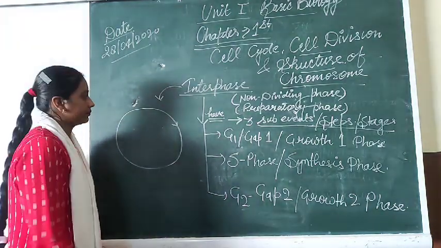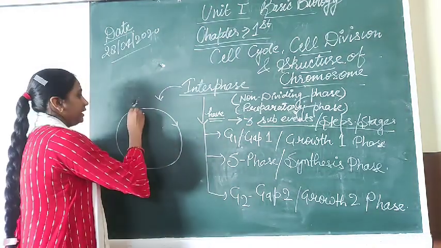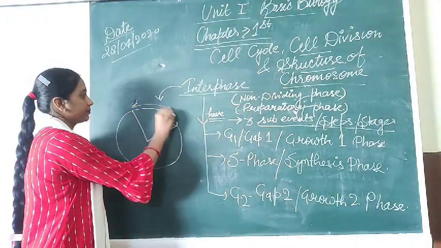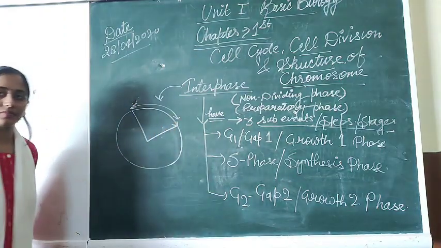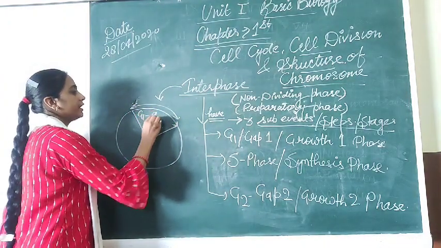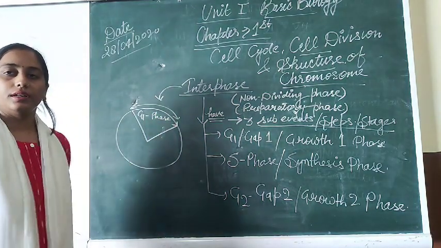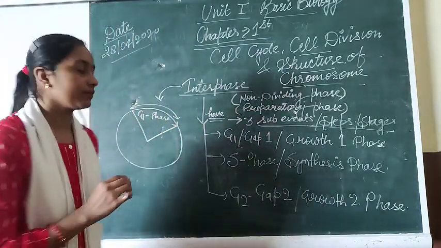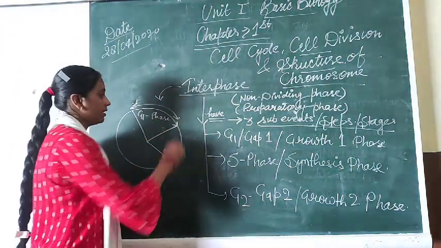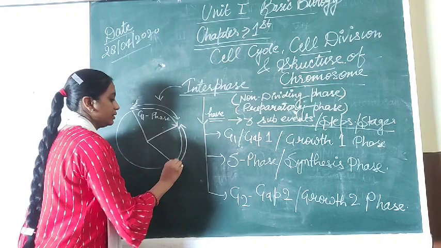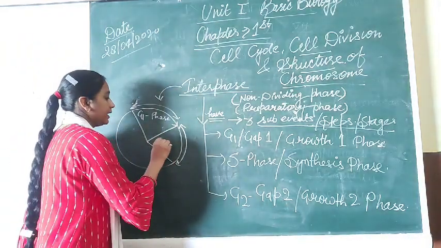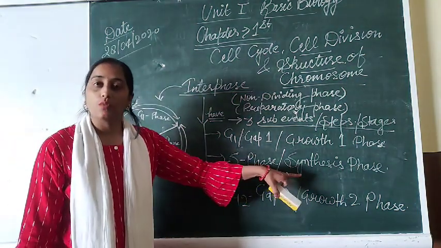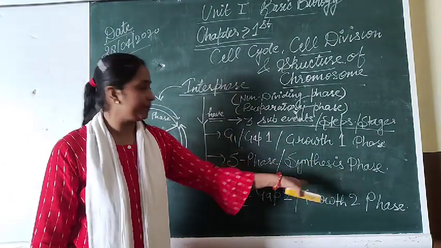The first important thing is that this interphase is completed within 3 steps. First, here till here. This is called G1 phase. Next is synthesis phase, the second phase from here to here. It is S phase. I have told you S means synthesis. What happens in it we will discuss later.